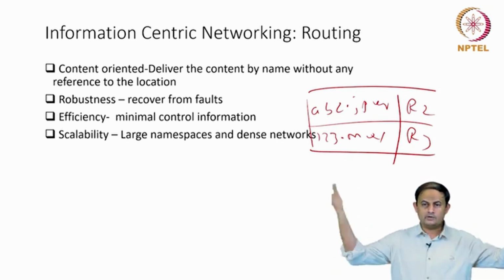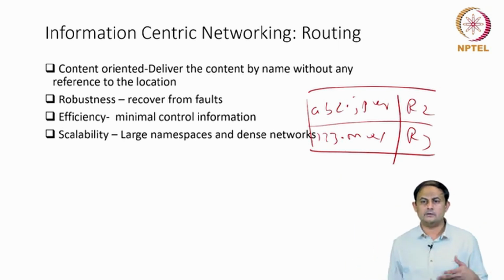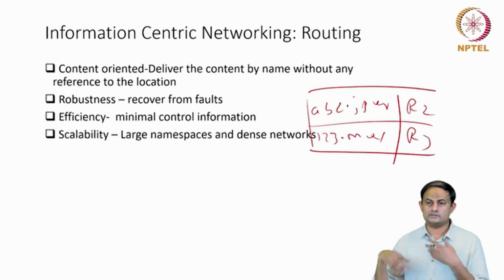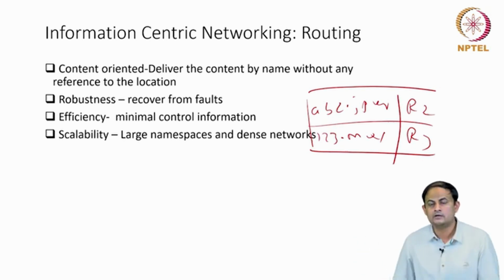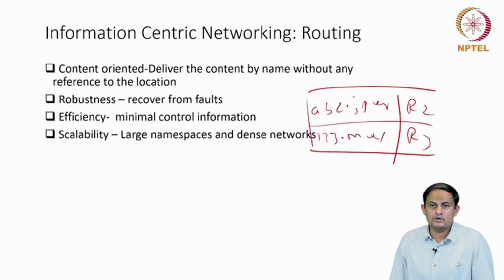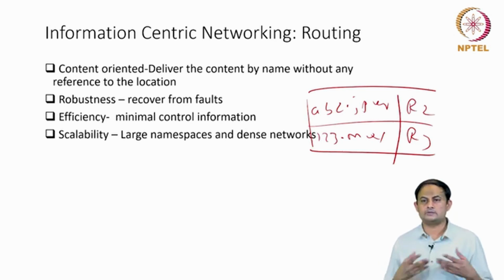And since every router has large routing tables, processing that routing table and learning what exists where is itself going to take a lot of time. So how do I build a scalable solution which is workable in a network as big as the internet is the question. We don't know the answers yet, because ICN itself is at a very early stage of its design.